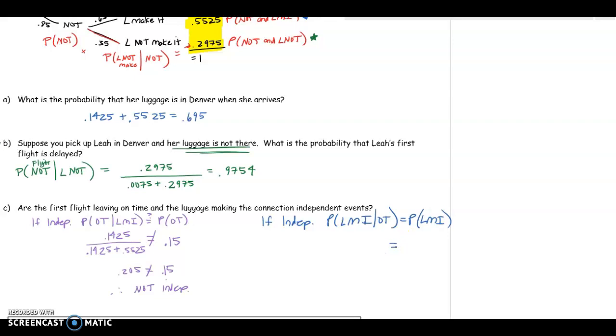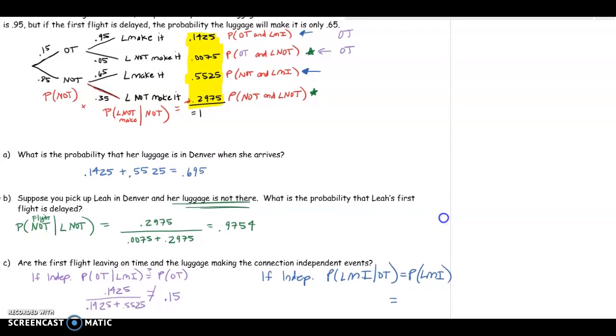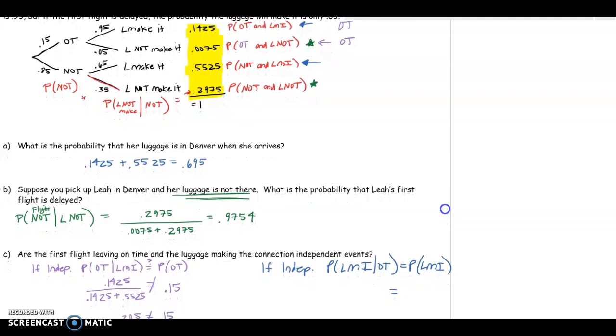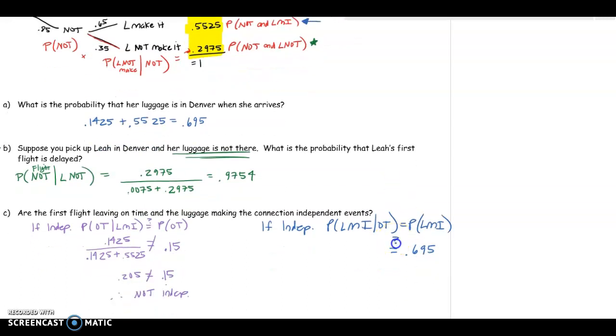So if you add up everything in the highlighted yellow of where the luggage does make it, you will get 0.695. So I'm adding up everywhere 0.1425 plus 0.5525.